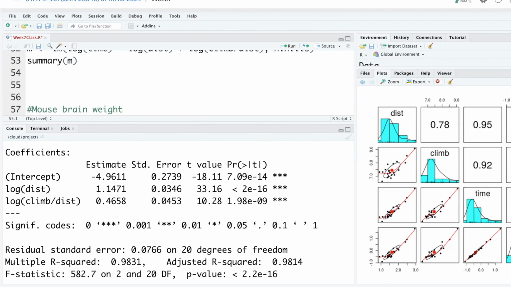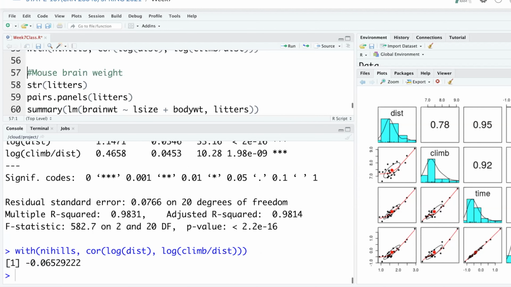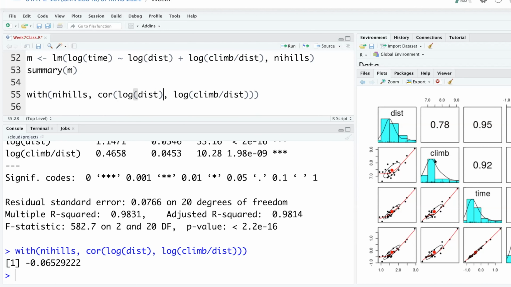Another thing you can calculate is the correlation between the two variables, distance and climb. You can see the correlation coefficient is about 0.78. But what about distance versus the ratio of climb divided by distance? Earlier, the correlation between distance and climb, which were both independent variables, was quite high, 0.78.